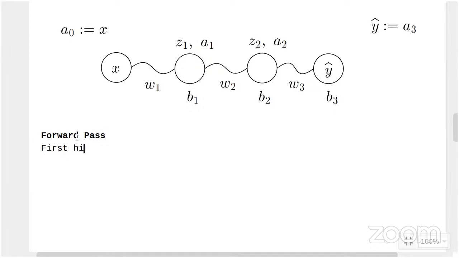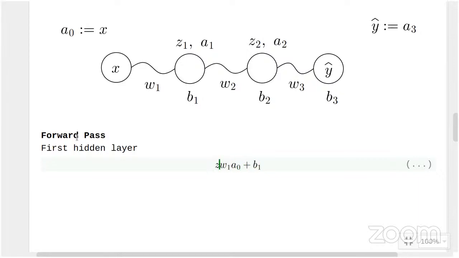In the first hidden layer, can someone tell me what will be the first thing we do? W1 into X. So W1 times A0, just to be consistent, plus B1.